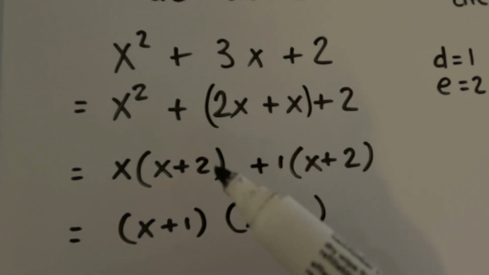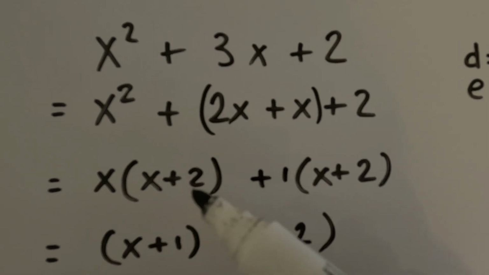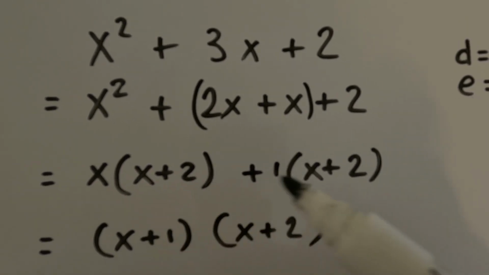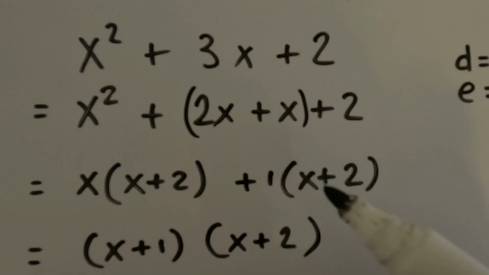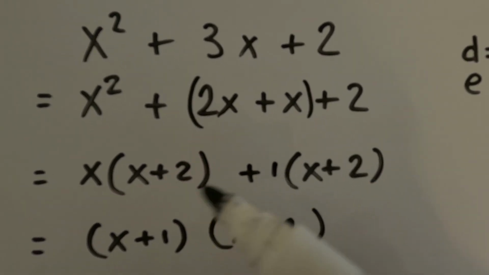Now, what's great about this is not only does it give you one of the solutions, but then all you have to do is copy this over here, and this is a factor, and you want to find the other factor.